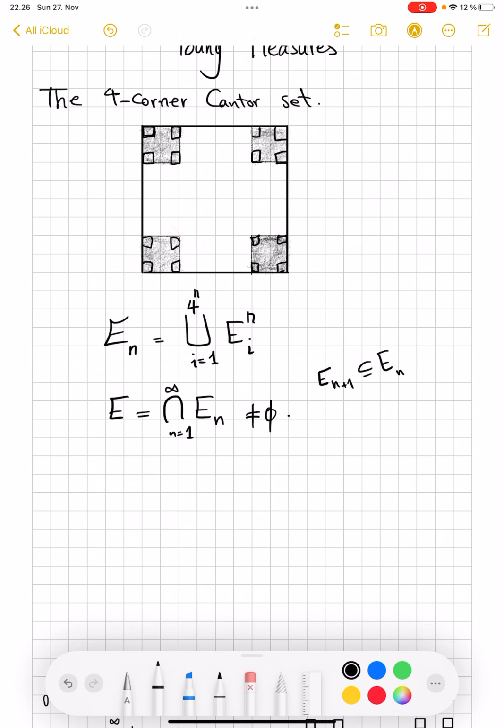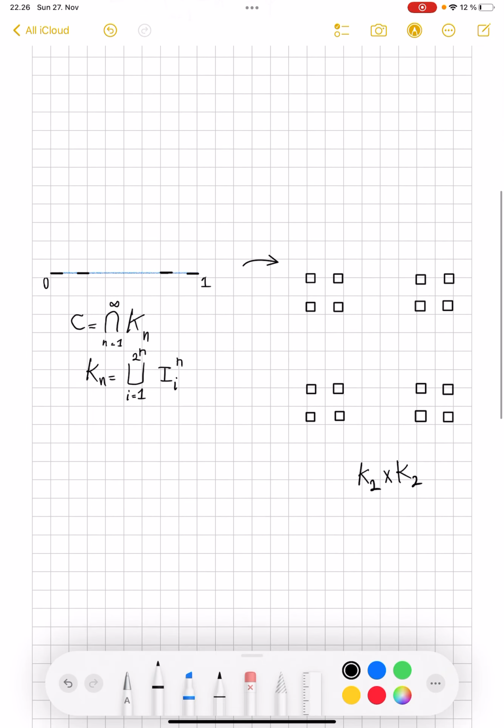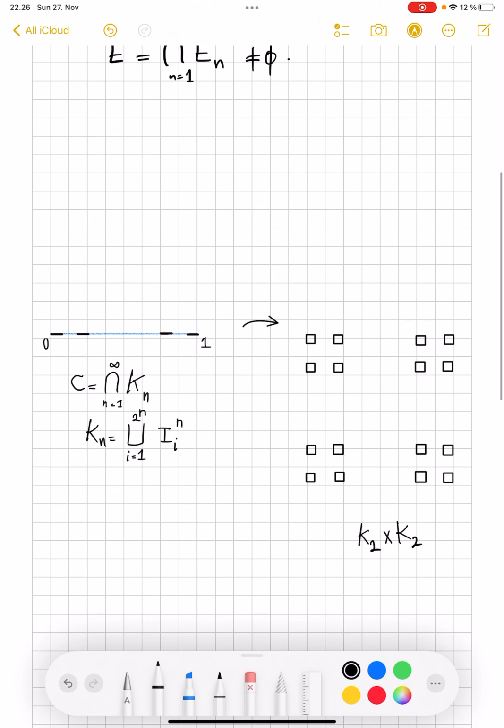To see some of the properties of the set, it's also important to look at an alternative way of constructing it. Remember, we talked about a general way of constructing Cantor sets given a factor lambda between 0 and 1/2: start with the unit interval and take out something in the middle so that you are left with two subintervals whose length is lambda times the previous interval's length, and you repeat that.